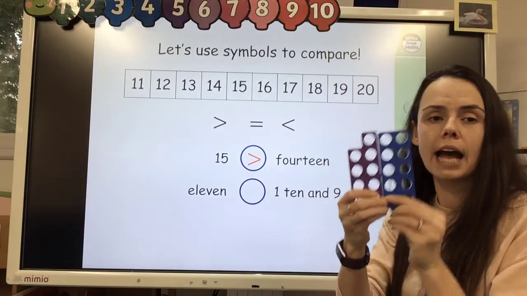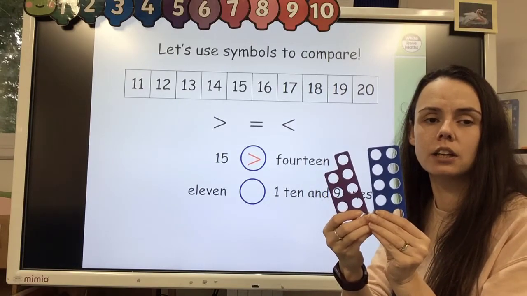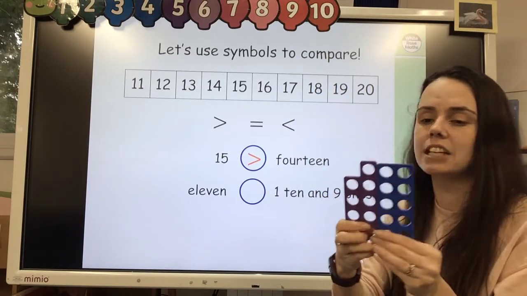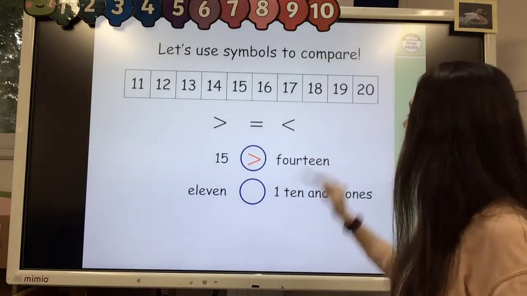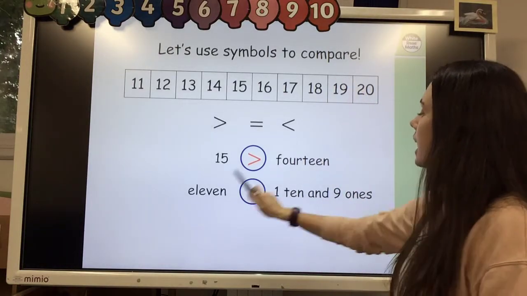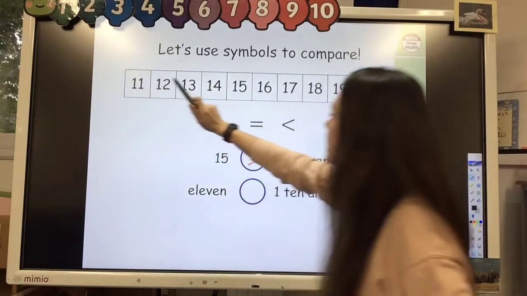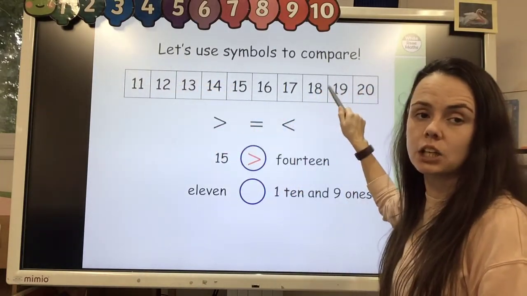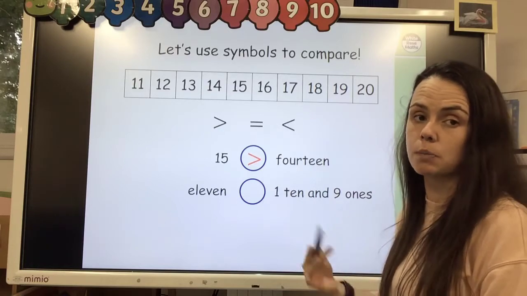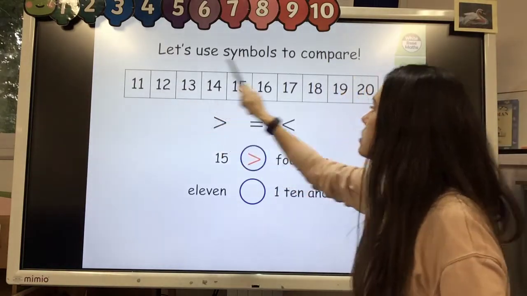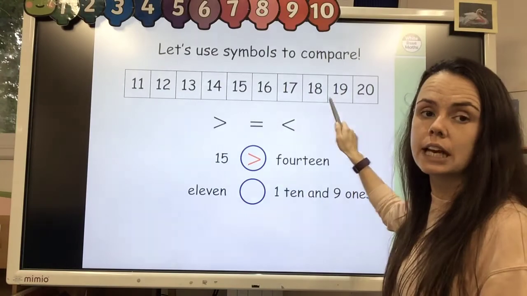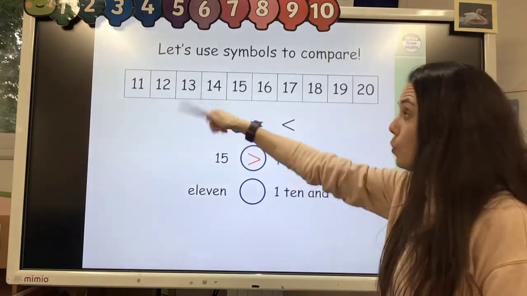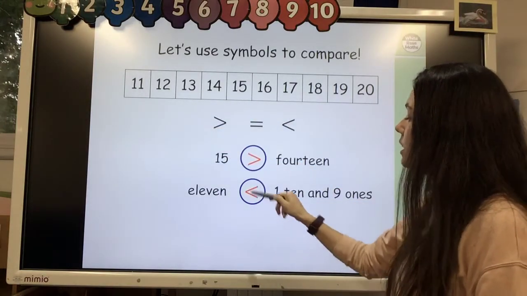So how much have we got here? 19. So let's find 19 on our number line, which is here, and 11 is here. Now, is 11 smaller or bigger than 19? We know it's not the same because it's not the same number. It's smaller, isn't it? It's much smaller. It's all the way down there. So it's the other way, smaller than.